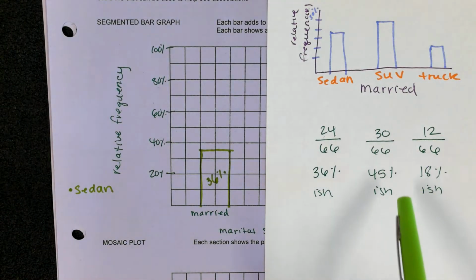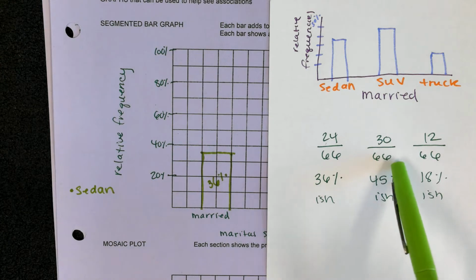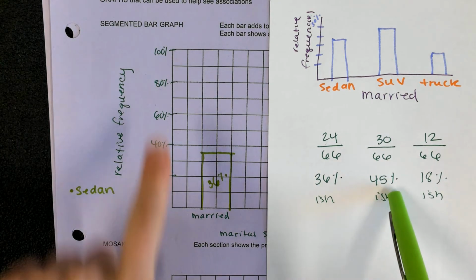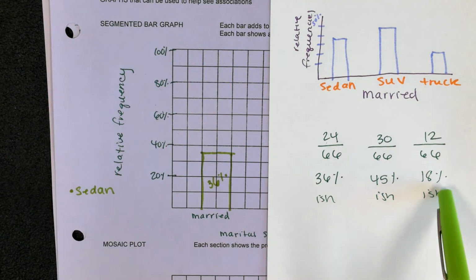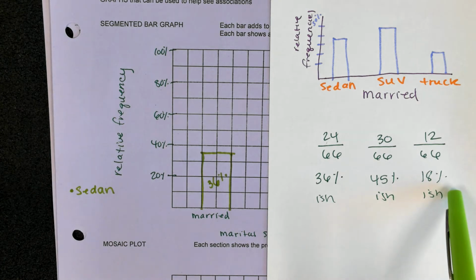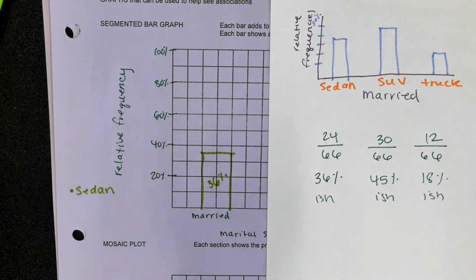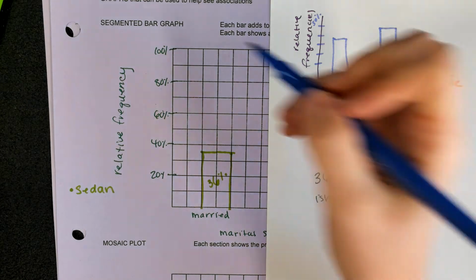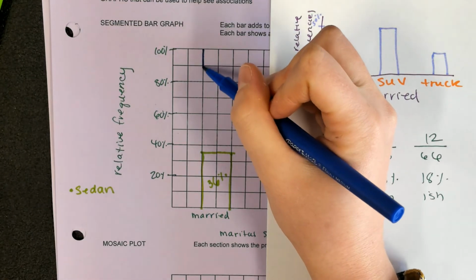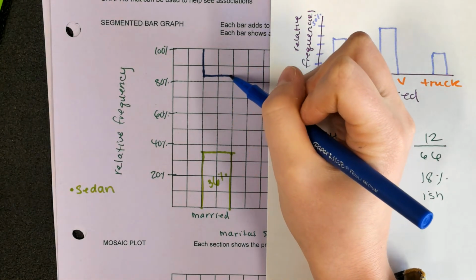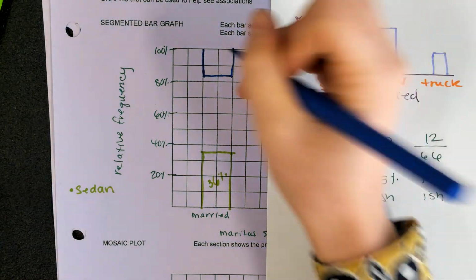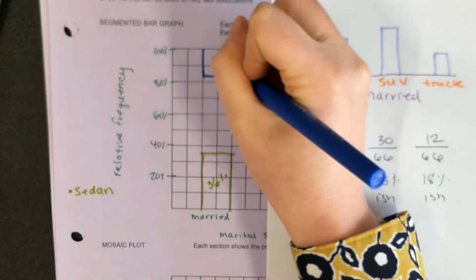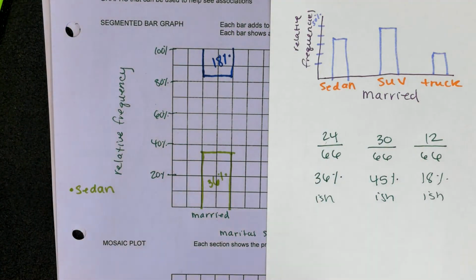Then I saw that my SUV is about 45. To make this easier, I'm just going to start from the other end. This one's about 18%. So with my blue one, I'm going to show trucks, and I know that that is about 18%. So we don't quite get to 20. This is going to be about 18%, and that is for my trucks.